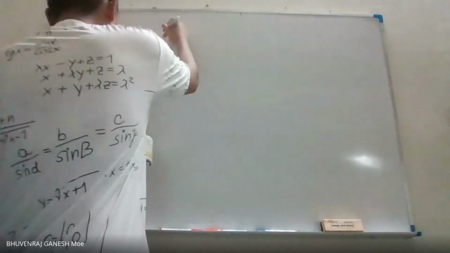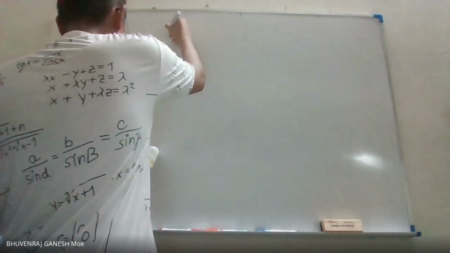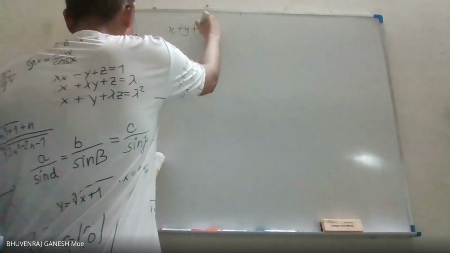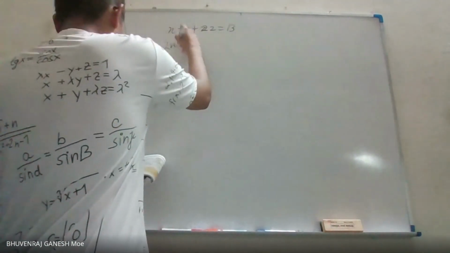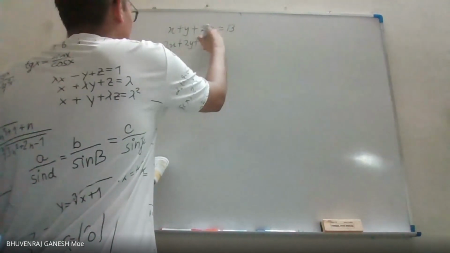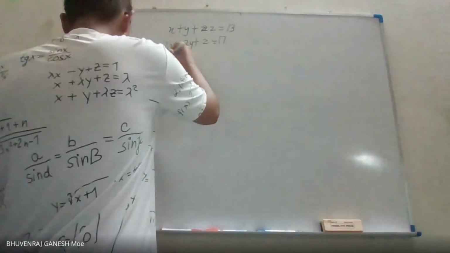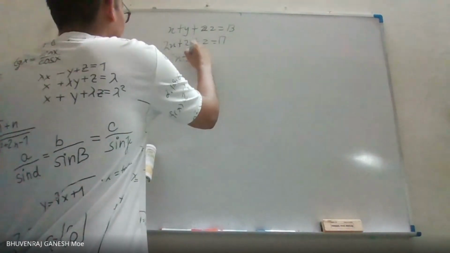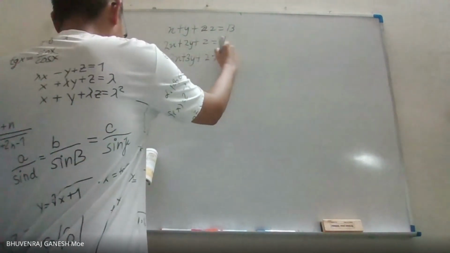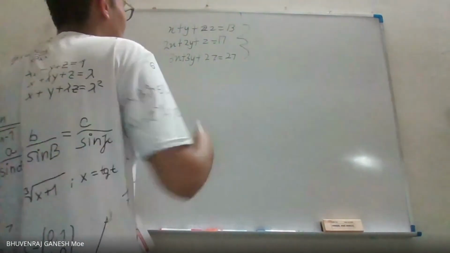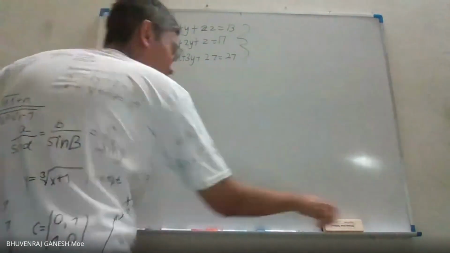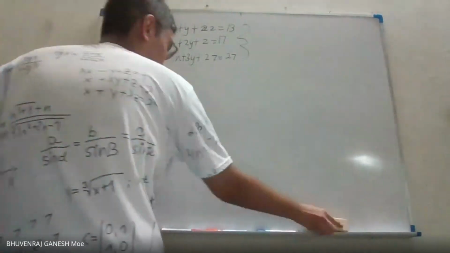This is the definition. Let's say I have three equations like this. 2z equals 13. 2x plus 2y plus z equals 17. 3x plus 3y plus 2z equals 27. So all these, let me give you the question.